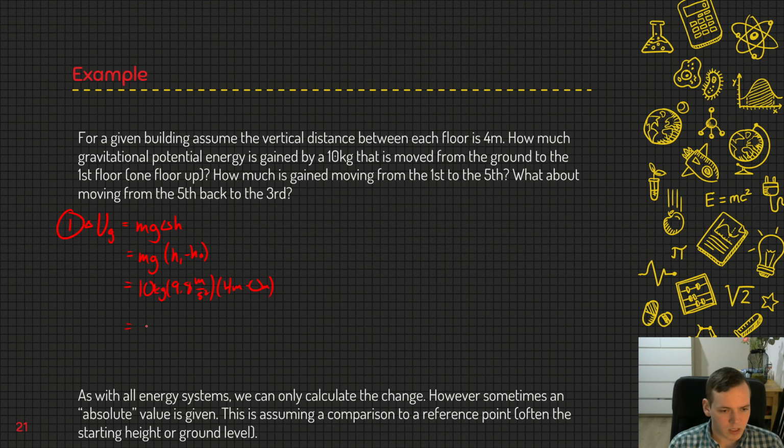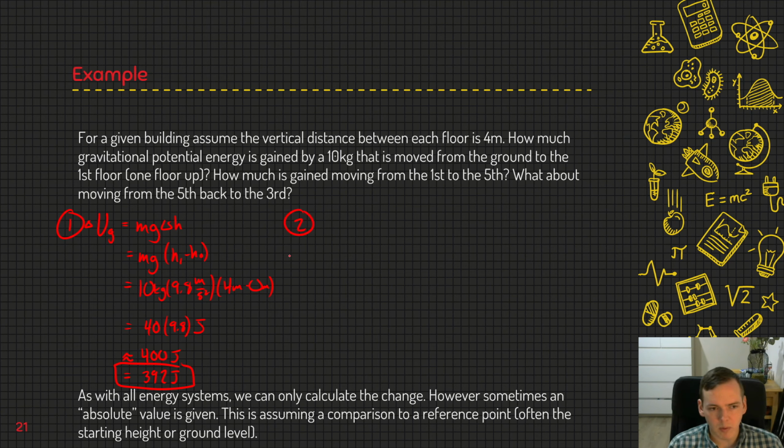That will give us 40 times 9.8 joules. So that's approximately 400 joules. More accurately, it's 0.2 less, so 0.2 times 40 is 8. So it should be 392 joules.